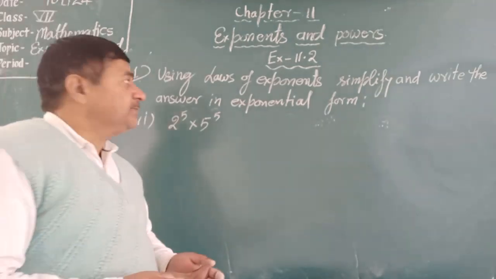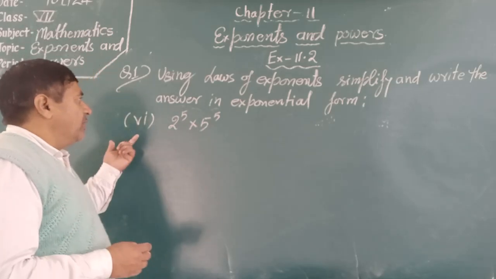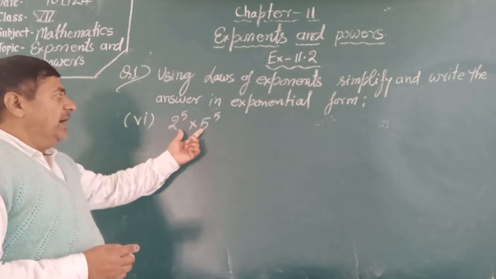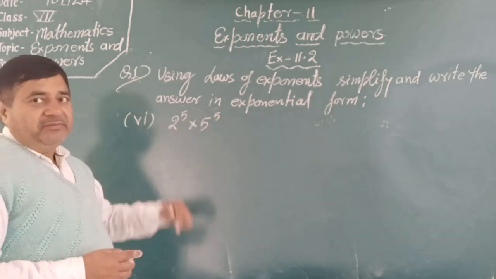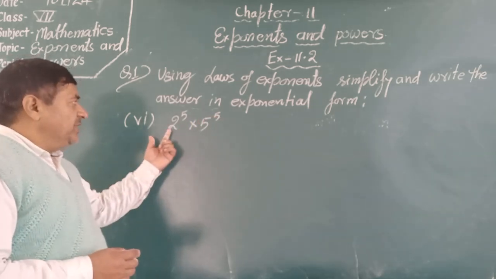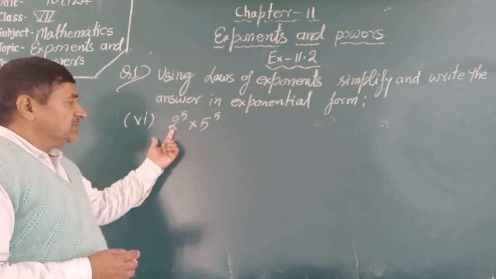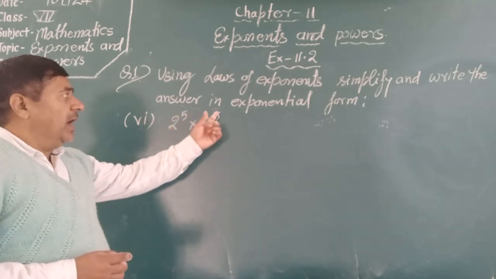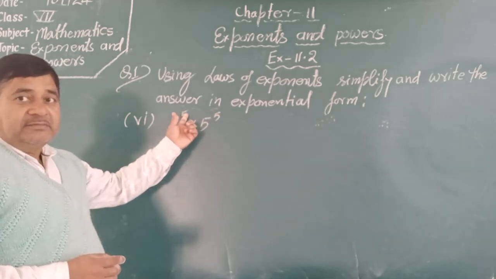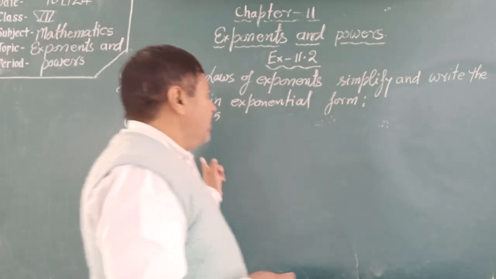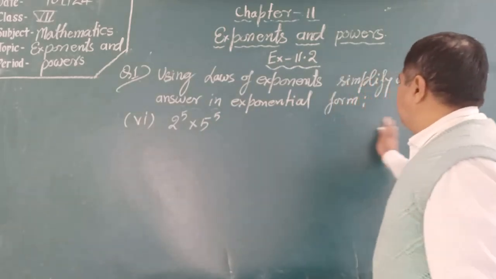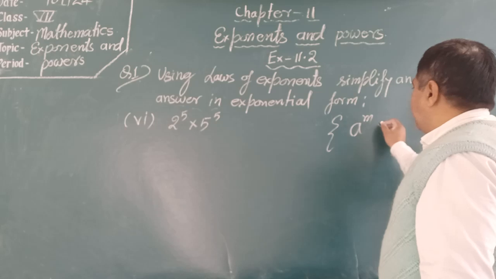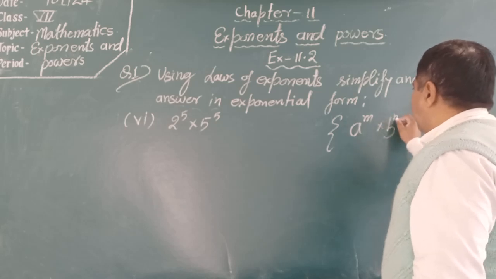Now students, the sixth part of this question is 2 to the power 5 and 5 to the power 5. Here you see the bases are different but the powers are the same. For this type there is a law: a to the power m into b to the power m.